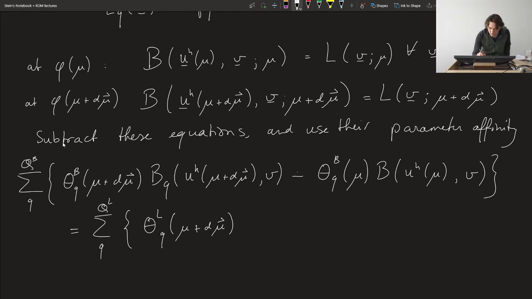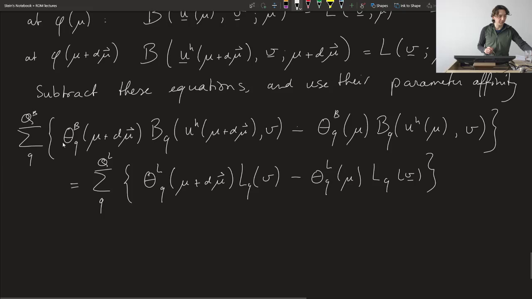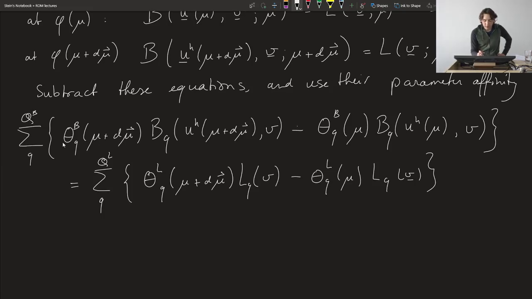I'll first write this out all together: theta^{L_q} at mu plus d mu times L_q(v), minus theta^{L_q} at mu times L_q(v). So that's simply a subtraction of the second minus the first, while making use of that parameter affinity. Now we already see that we can collect this term and this term into a subtraction because these are equal.